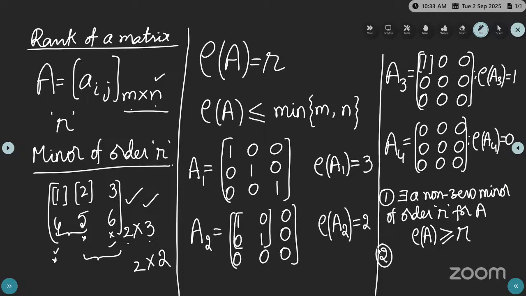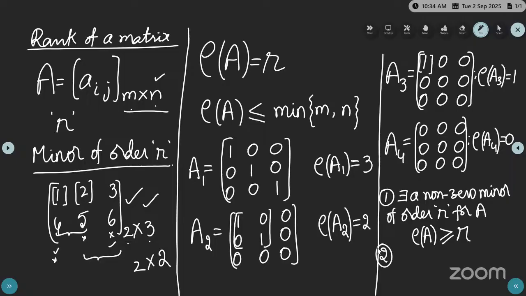Next. So here, in order to find the rank of the matrix, we are going to use row transformations or column transformations. While finding the determinant, we have done some row operations or column operations.